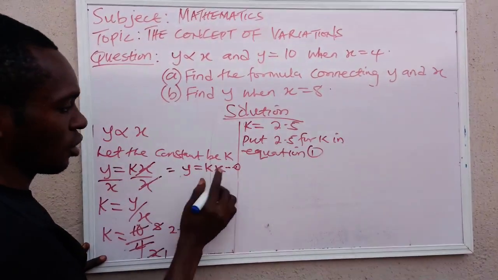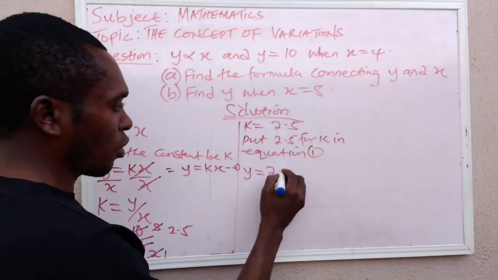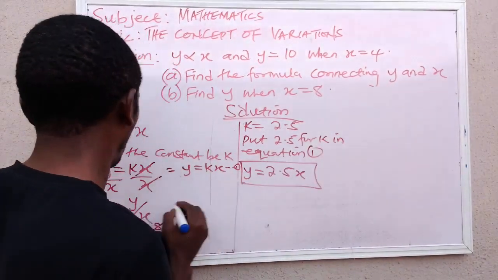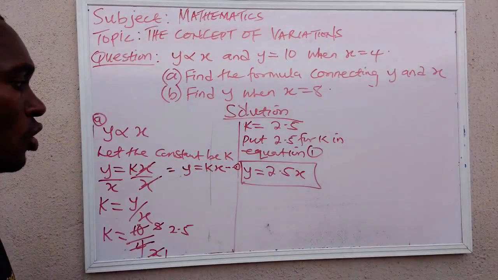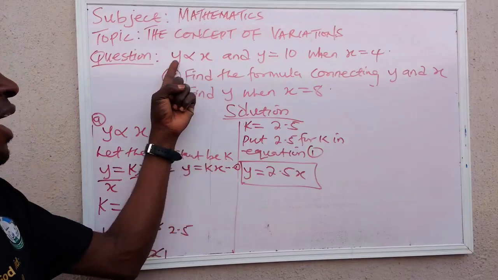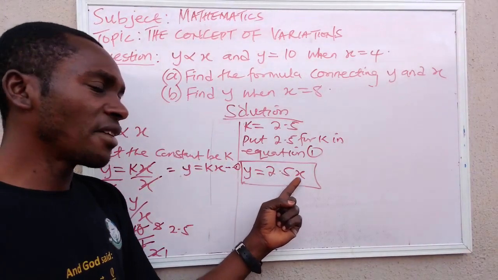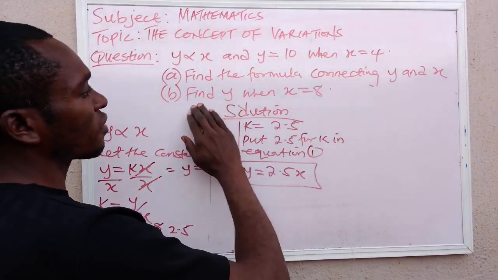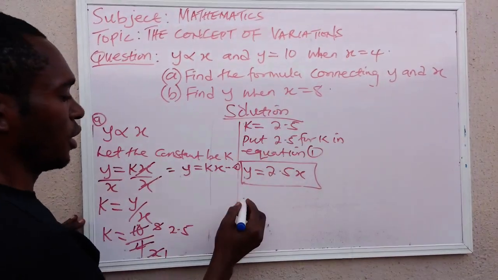I'm going to have y equals 2.5x. So this is the relationship, and you have answered A. The relationship connecting y and x is y equals 2.5x. This is what you are going to use to solve B. Your relationship is always what you use to solve B.